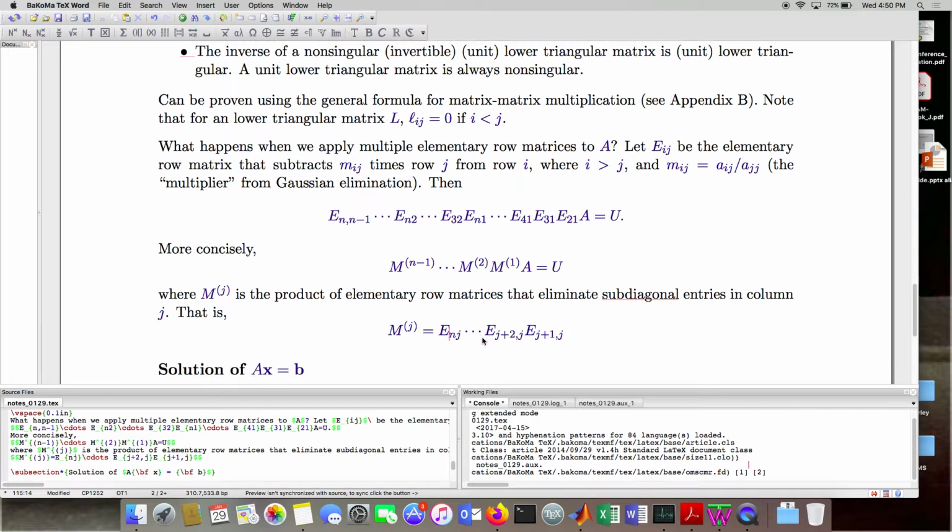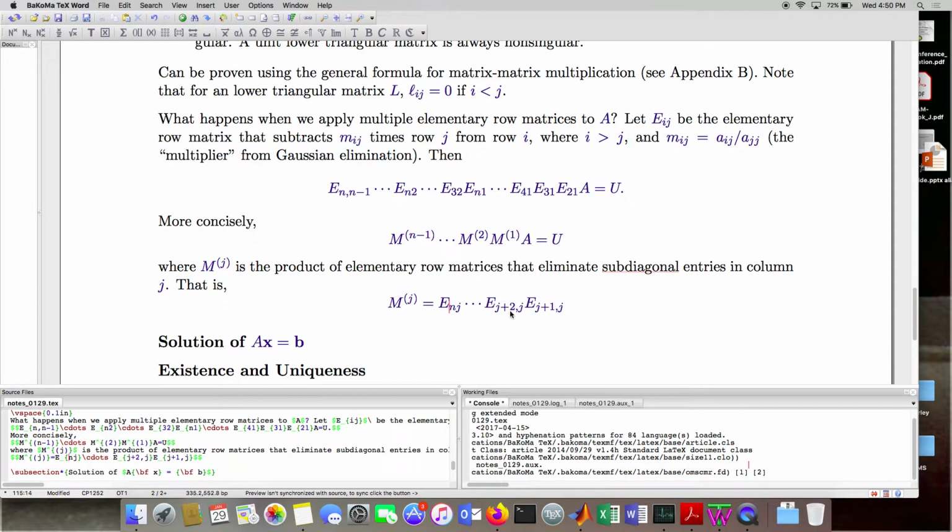By taking all of these that belong to a specific column and multiplying them together, this matrix here encapsulates all of those row operations that worked on that column. So these two are doing the same thing, just expressed more concisely. We work in the first column, the second column, etc., the last column.